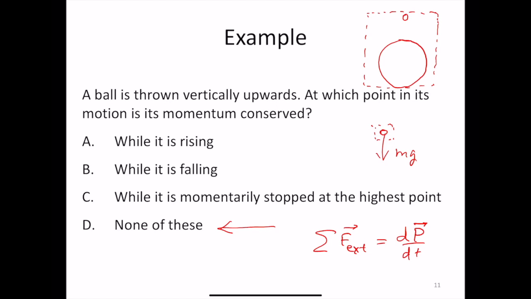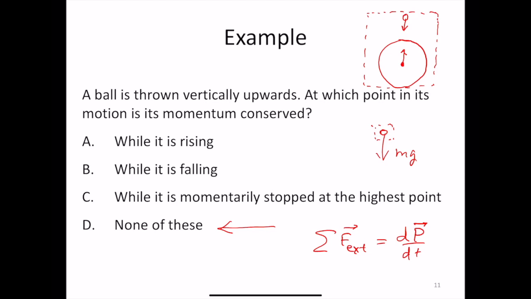In this expanded system, the force of gravity felt by the ball is an internal force, right? You know that by Newton's third law, there is a force that's being felt by the earth as well. Though the earth is so large that this force from the ball hardly has any effect at all.